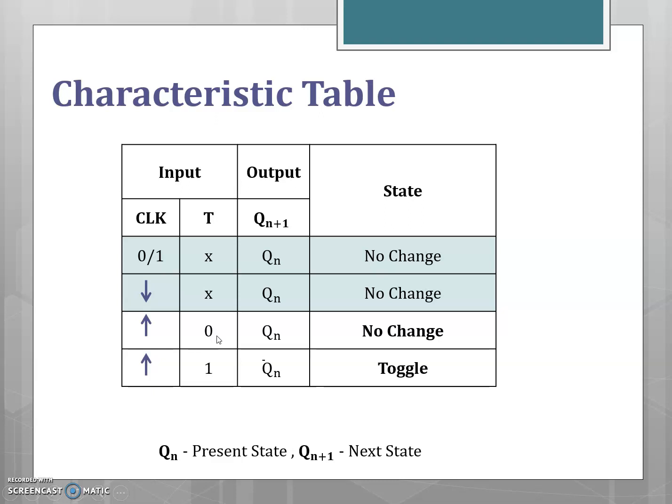With that condition, the output Qn plus 1 is equal to Qn. It is indicating no change. And for T equal to 1, it indicates J equal to 1 and K equal to 1. So the output Qn plus 1 is equal to Qn bar. So it represents the toggle condition.